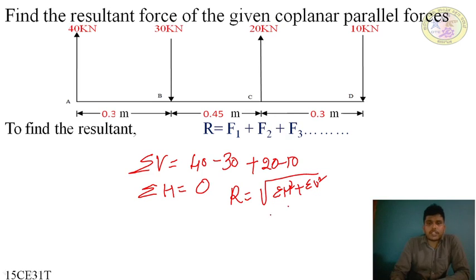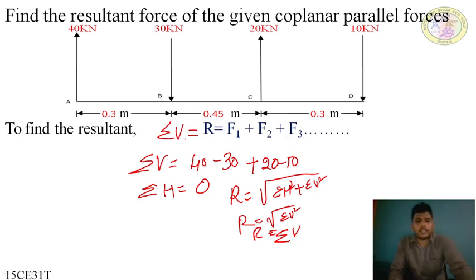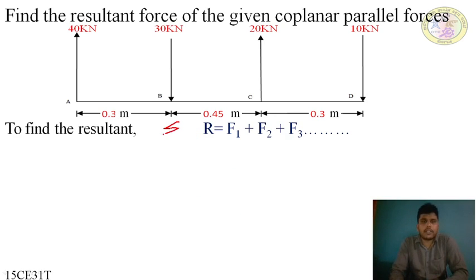Where sigma H is 0, R is equal to sigma V. Our resultant is equal to sigma V, F1, F2, F3, the summation of all the vertical forces.